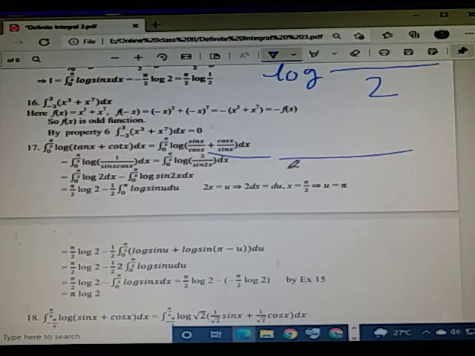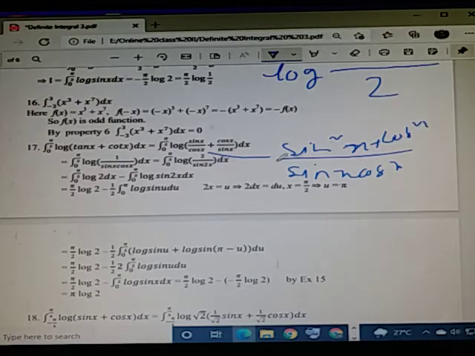This is sin x cos x, and this is sin square x plus cos square x, which is 1, over sin x cos x. Now you multiply by 2 here, so this is 2 by 2 sin x cos x, which is sin of twice x.